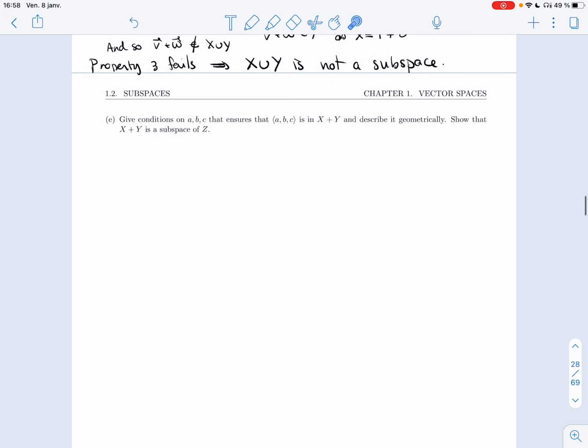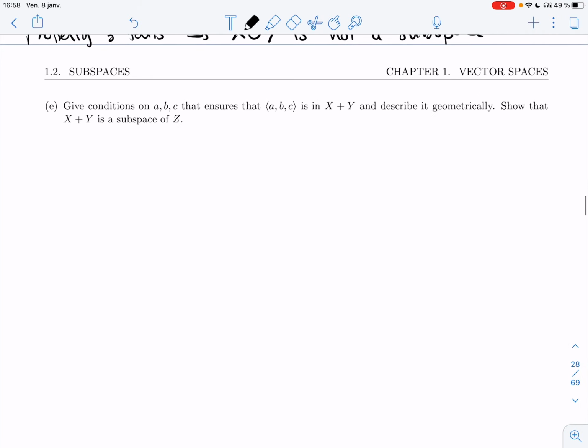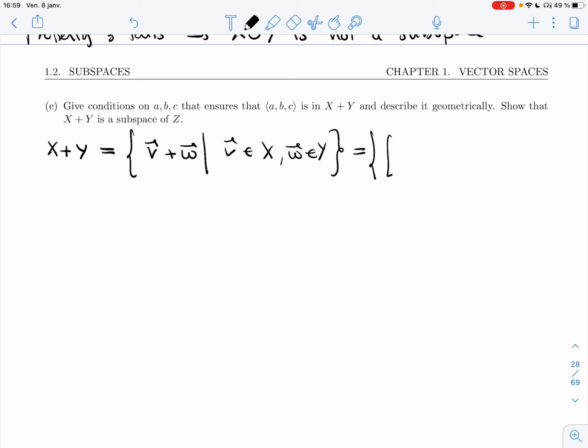All right, so let's do the last part. Give conditions on a, b, c that ensure that the vector (a, b, c) is in X plus Y and describe it geometrically. Show that X plus Y is a subspace of Z. All right, so X plus Y, that's the set of something in X plus something in Y. And if you remember, X was t times 1, 0, 1.